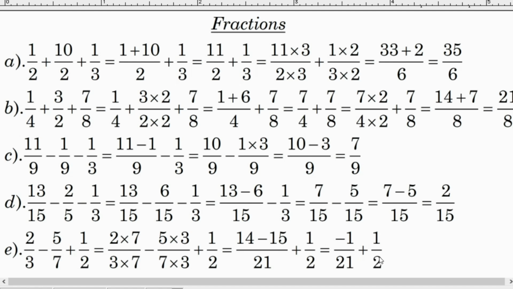Okay, so now we have to find the same denominator again. We don't have any number multiplied with 2 equal to 21. So we just multiply 21 with 2 and then 2 with 21. So that will be 42 as the same denominator.